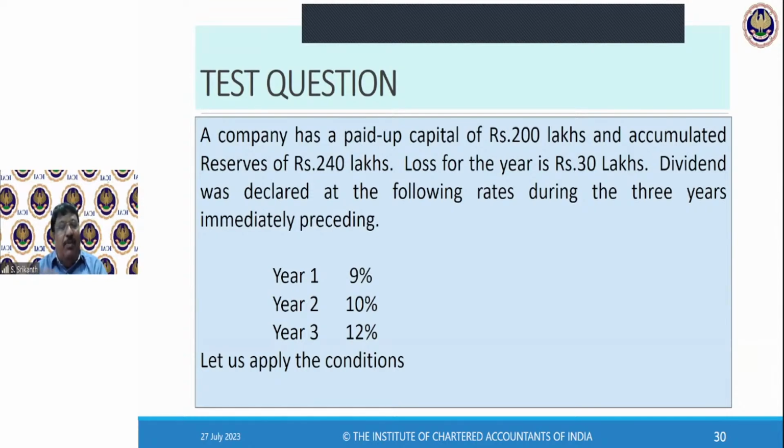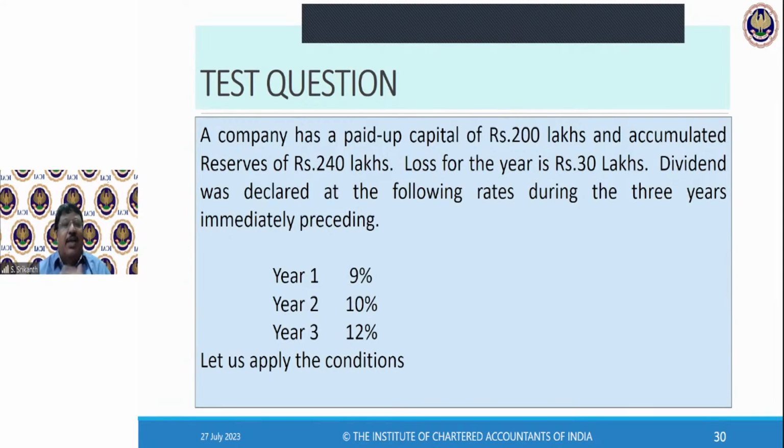Then 10.33 will be one of the options, which you have obtained by dividing 9 plus 10 plus 12. Am I correct? 22 plus 9, 31 divided by 3, 10.33. Sir, average rate is 10.33.